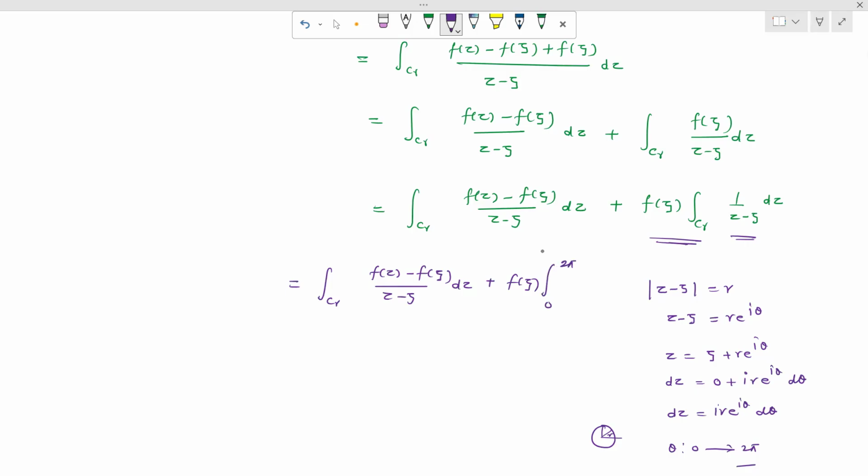So take the limit theta equal to 0 to 2 pi, and dz value is r iota e raised to the power iota theta d theta upon z minus zeta, whose value is r e raised to the power iota theta. तो यहाँ पर i d theta रह जाएगा केवल.